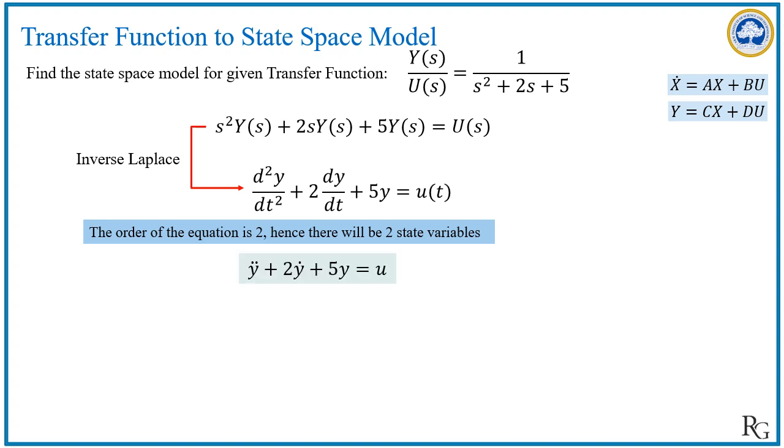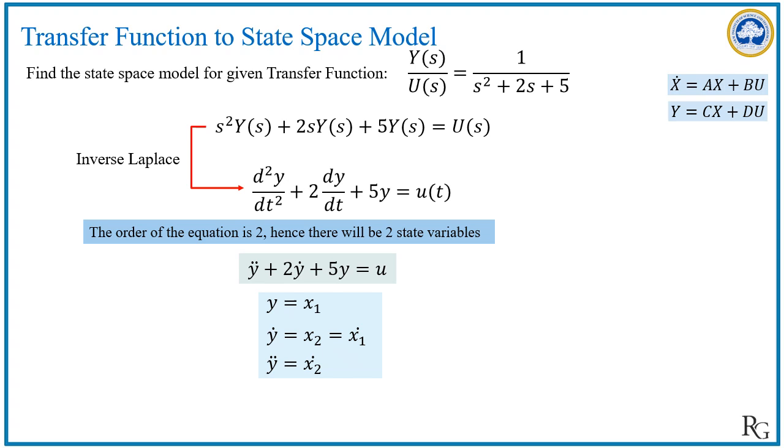So now this particular equation can be represented as y double dot plus 2y dot plus 5y is equal to u, where y double dot is nothing but the double differentiation of y with respect to t, and y dot is the single differentiation of y with respect to t. Now we can have two state variables.